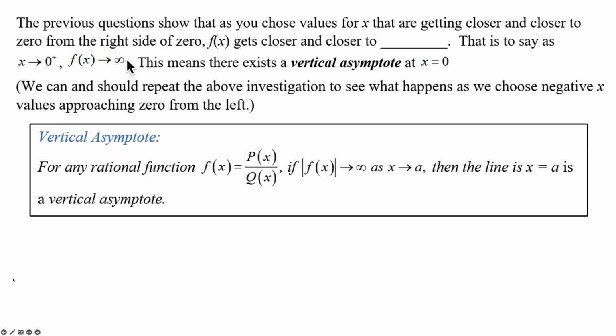All right, so what's happening here, as we get closer and closer to 0, from the right side of 0, f of x is approaching infinity. This is to say that as x approaches 0 from the right, and we can also look at this from the left, so we'll take a quick peek at that too, then f of x is approaching infinity. This is called a vertical asymptote.